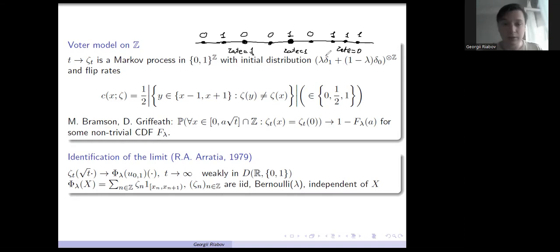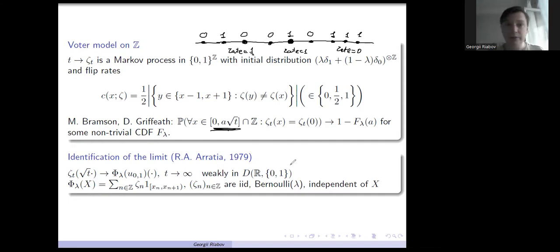Okay, and Bramson and Griffeath computed the limit of the probability that in a large segment, all opinions will be the same. And it turns out that this probability has a limit when t goes to infinity, and this limit equals the tail of some non-trivial distribution function that depends on lambda.